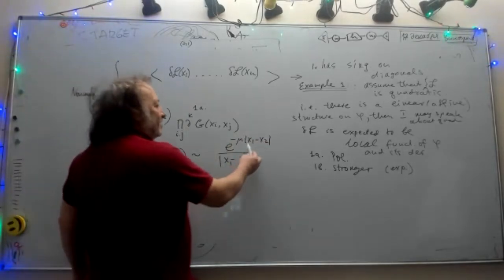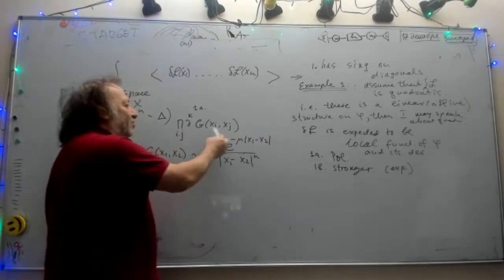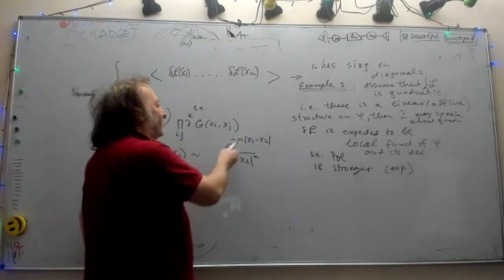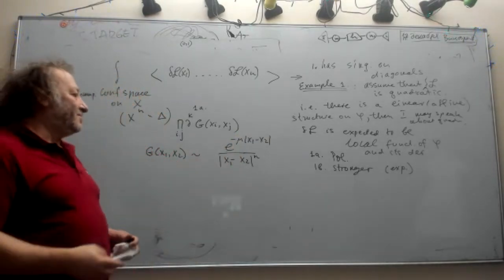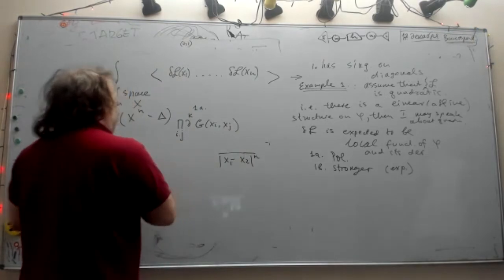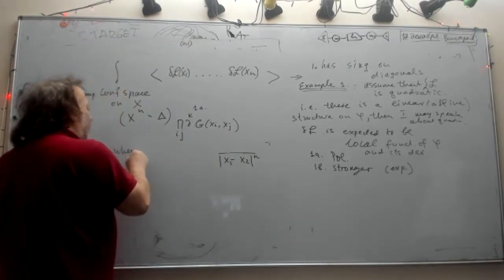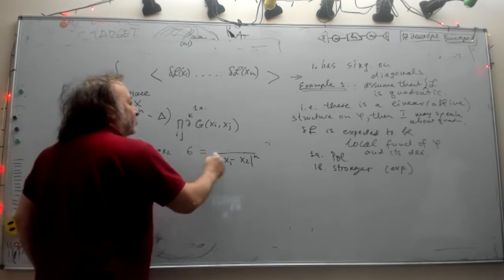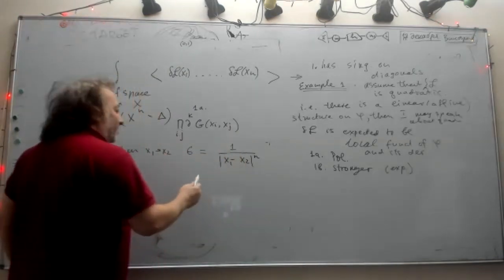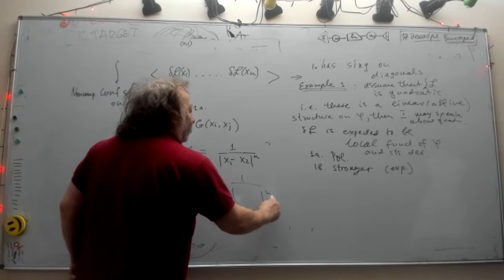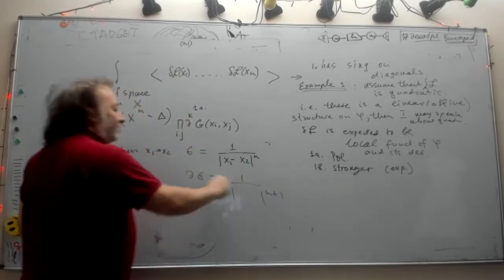But when I consider x1 going to x2, in this region I may ignore this. So it is short distance behavior. When x1 goes to x2, the Green function goes like this. So derivatives of the Green function go like this.